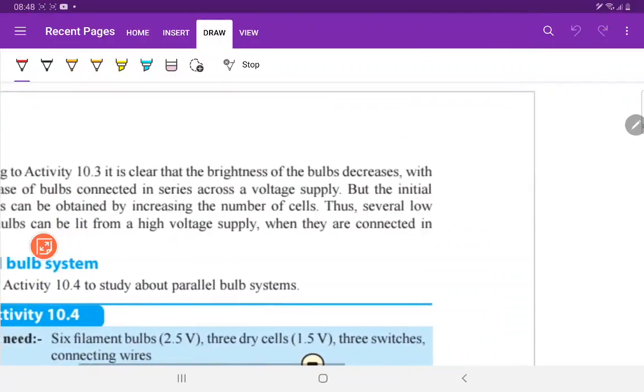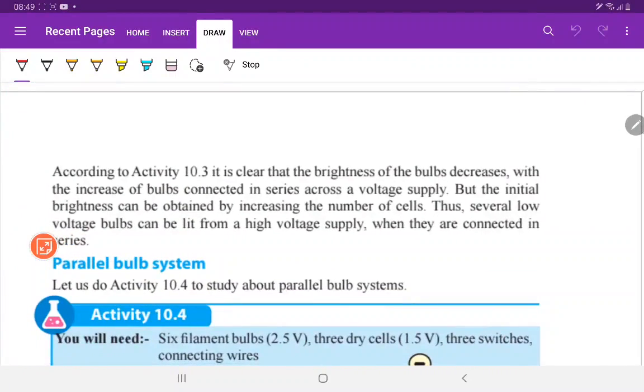Okay, so that's what they have said here. The brightness of the bulb decreases with the increase of bulbs connected in series across the same voltage supply. So when you add two bulbs, the brightness will be less. But the initial brightness can be obtained by increasing the number of cells.